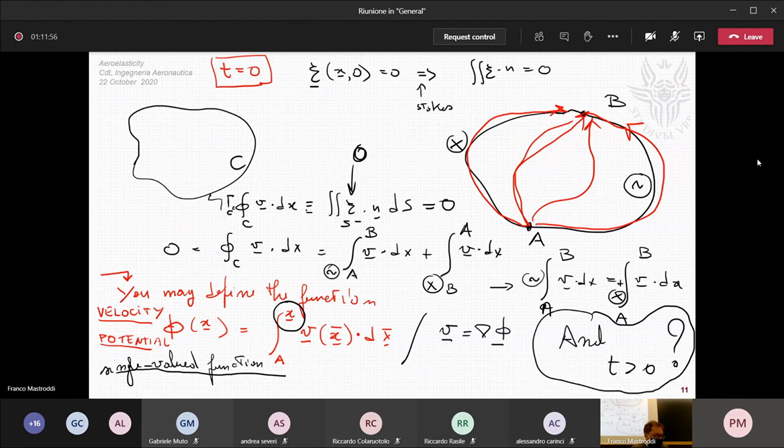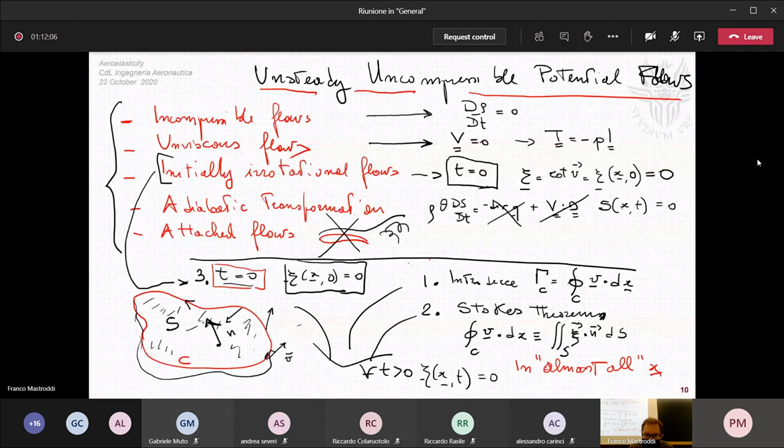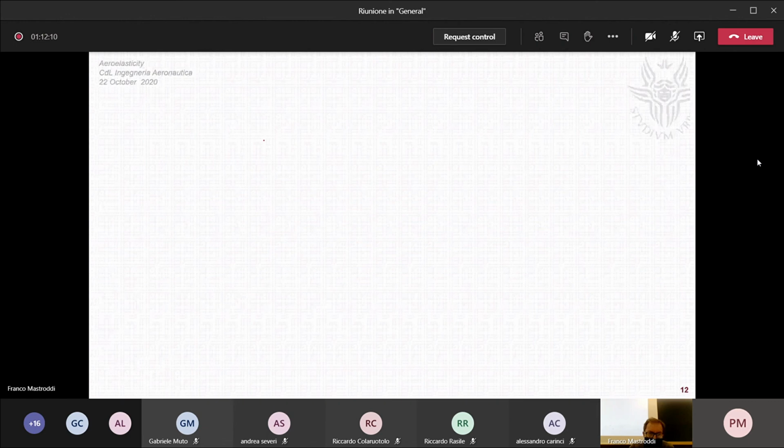Okay, for time greater than 0, we have to consider a last contribution. We have written 1, 2, 3 here. I want to add 4, a fourth point useful for our demonstration.